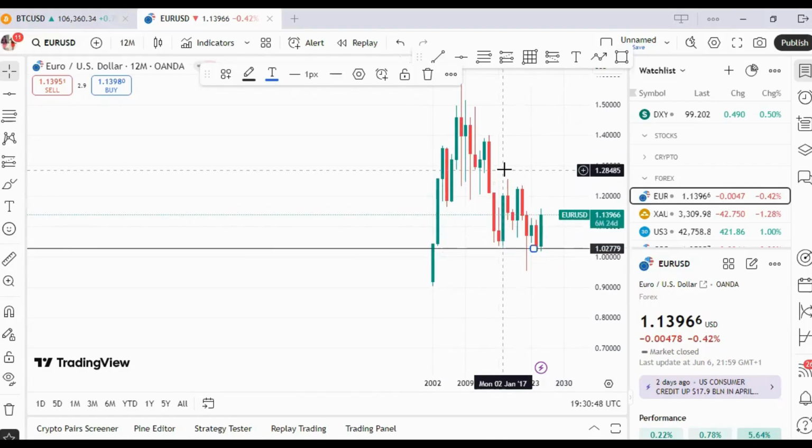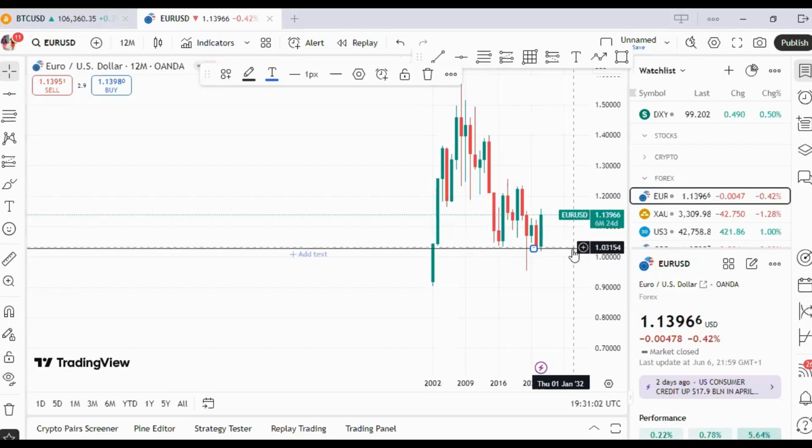It's a place whereby the sellers are trying to sell. They are selling, they are coming down. You know, the red is a sell candle, the green is a buy candle. The sellers are selling down, but there is a place, a price. You know, these are your prices. There is a particular price holding that market. Either it consolidates in that place or it pushes it back up.